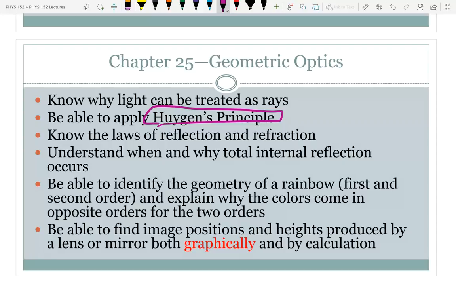Huygens principle is the idea that when you have a wave traveling, each point on the wave can be treated as a point source for a new wave. Also here we have the idea of wave front. Make sure you have the idea of the wave front being the place where, one way of thinking of it, is all the peaks of the wave as you look through space.